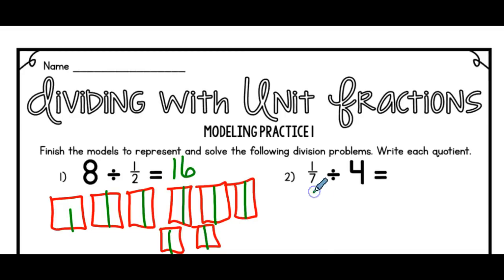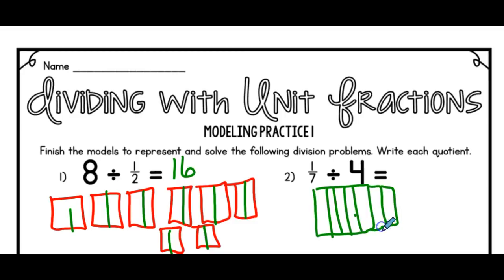Okay? Then you're going to do a model of 1/7. 1, 2, 3, 4, 5, 6, 7. Shade it in. If you cut it into fourths, you end up with 28 pieces, and one of those is shaded in. Okay, good luck, guys.